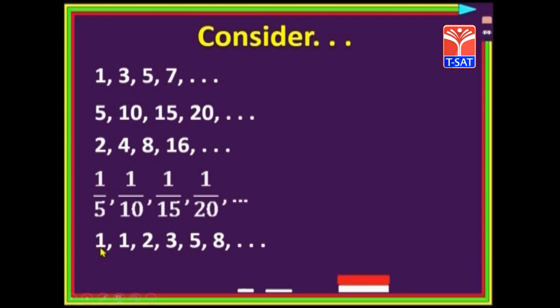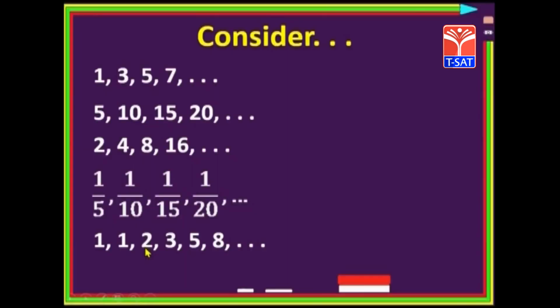Let us consider the first two terms are 1, 1, and the third term is obtained by the sum of the first two terms, that is 1 plus 1 is 2, and 1 plus 2 is 3, and 2 plus 3 is 5, and 3 plus 5 is 8. What is the next term? Can we guess? Yes, the next term is 5 plus 8, which is 13.